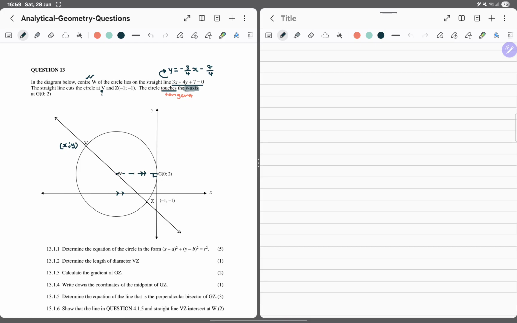Now this makes the line WG a horizontal line. Now on a horizontal line, the y value is the same at any point along that line. And we can see W is along that line. So this essentially helps us to then know that the y value at W is 2. But the x value still remains a mystery.